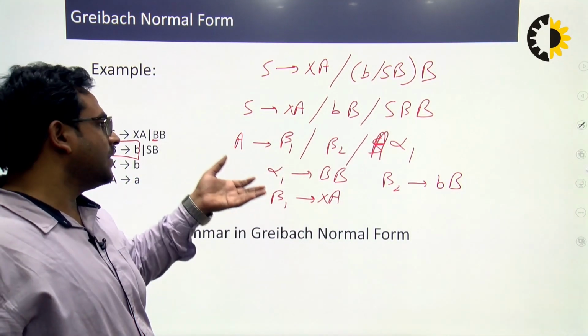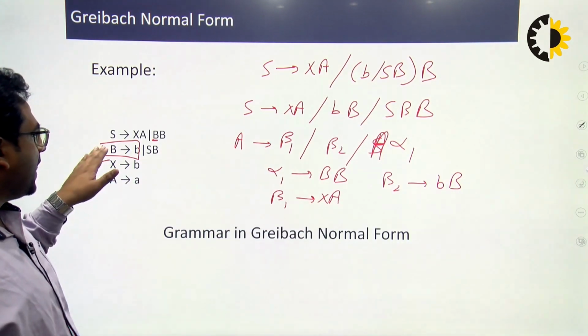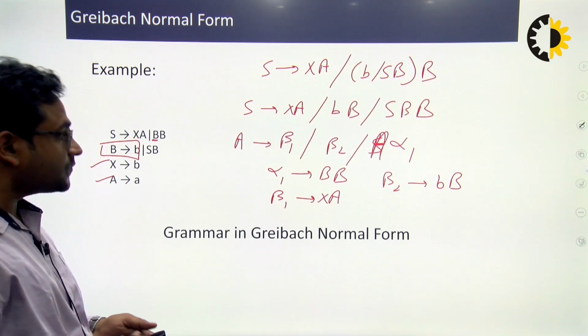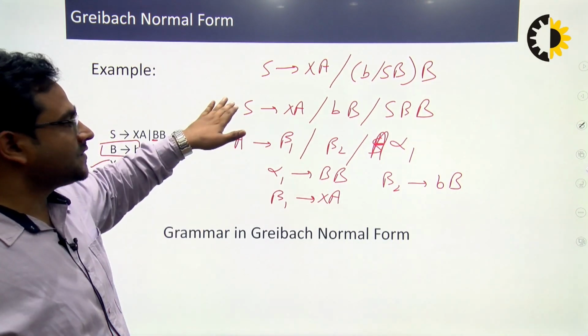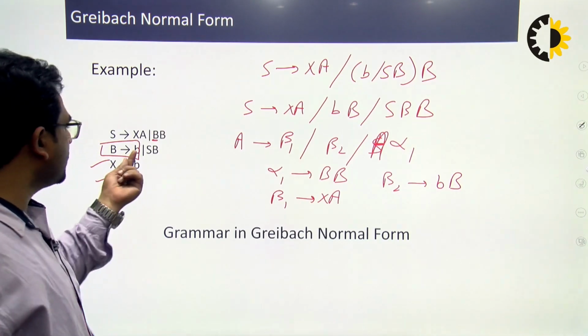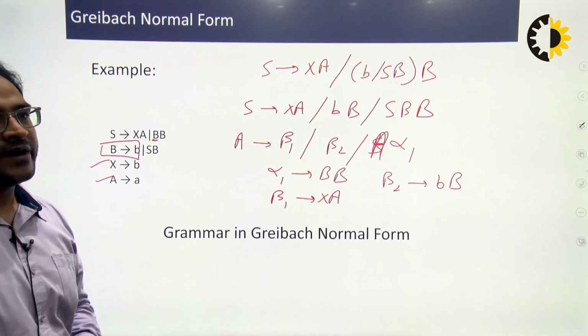After that you can convert S into Greibach normal form. Similarly, you can apply it to B also. When S is in Greibach normal form, you can put the value of S here, and you can see B is also in Greibach normal form.